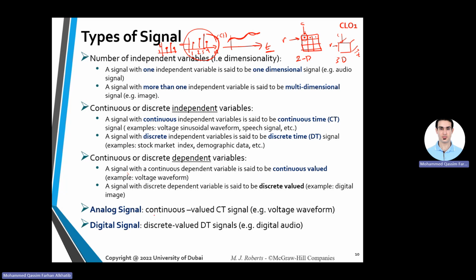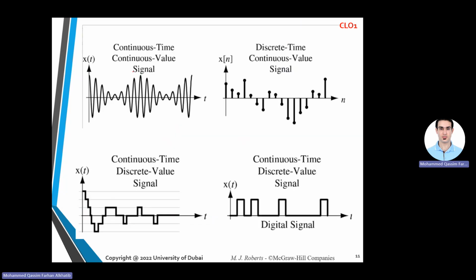Okay, we talked about it. So we have an analog signal. It's a continuous-value signal, like a voltage waveform, something like this. A digital signal is a discrete-value, discrete-time signal, like digital audio. This figure here summarizes all four combinations, because you have an independent variable and a dependent variable.